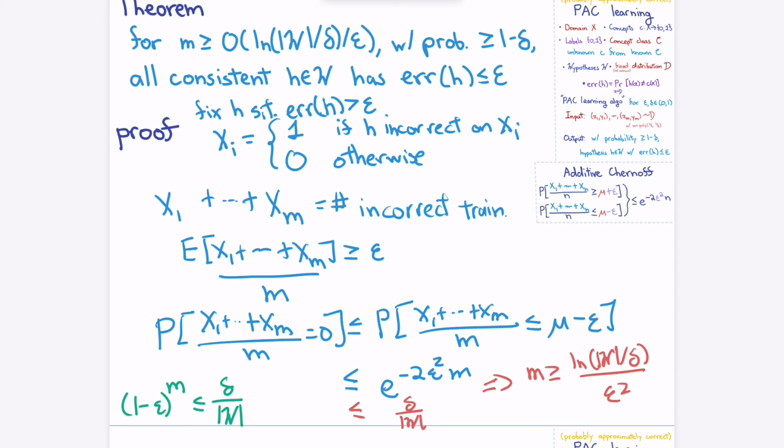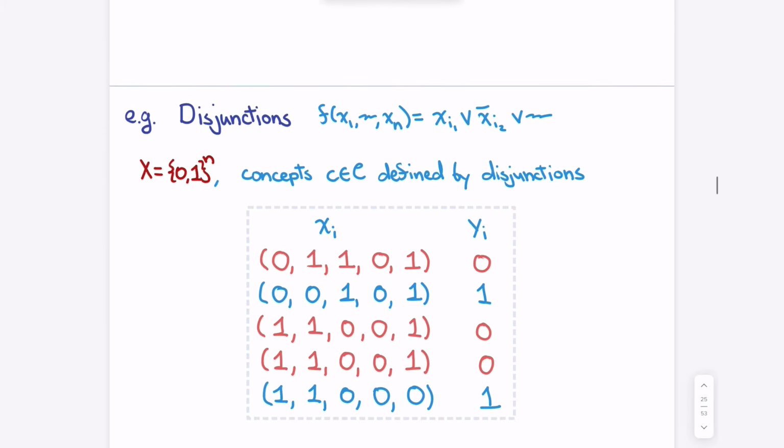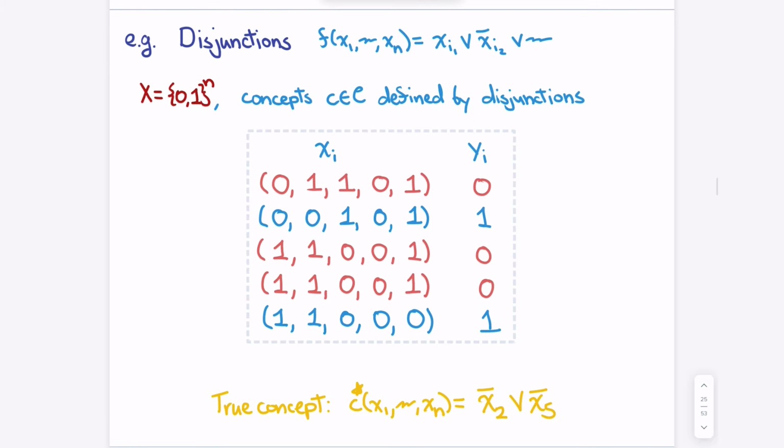Okay, so consistent learner actually is simpler. Fortunately, I think you guys have, okay, well, let me see. So this kind of problem here would be an example that this applies to. Because for disjunctions like this, there's actually only a limited number of hypotheses you can pick, like 2 to the n or something, if there's n variables.